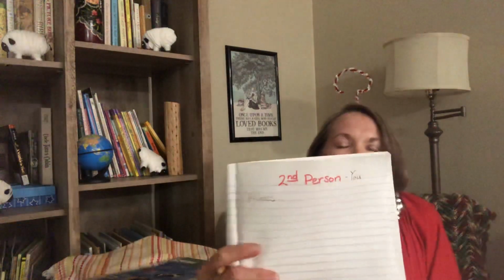So you can actually write a process and make it interesting, just like Marjorie Priceman did. She could have just written the directions for how to make an apple pie, which is a recipe that she has at the end of the book, but she included some adventure in it. So one of the ways to use second person is in a process.